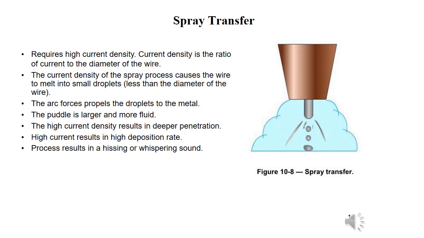And I didn't really touch on that too much, but each one of these processes, and we're going to touch on pulse spray transfer, all four of the gas metal arc welding processes have a completely different sound. It's hard to explain until you've been around it, but good welders can set their welding machines utilizing the sound.